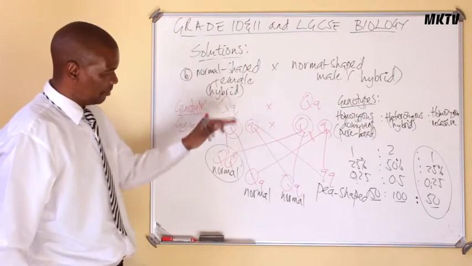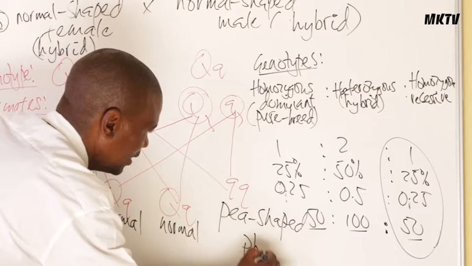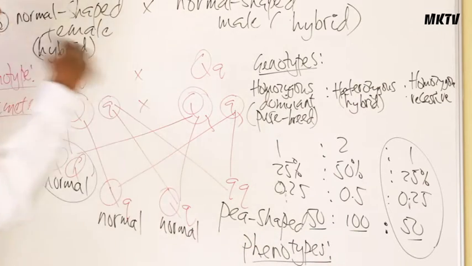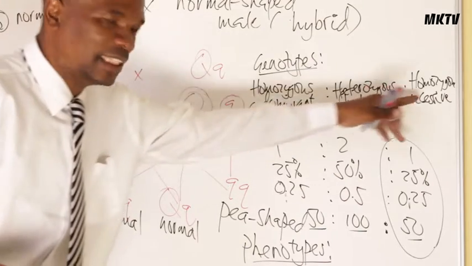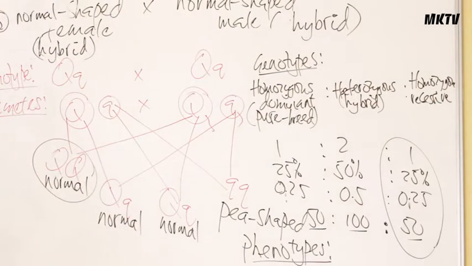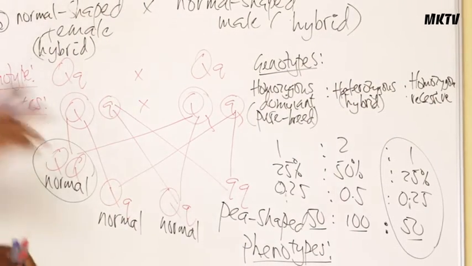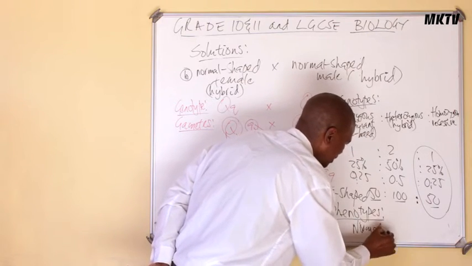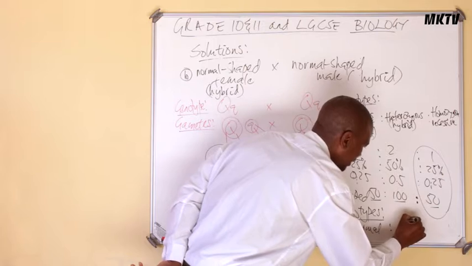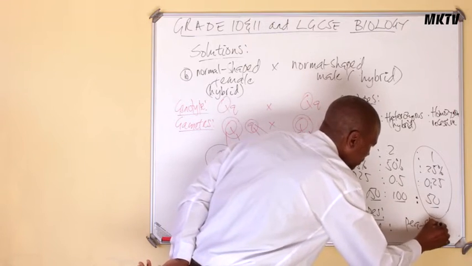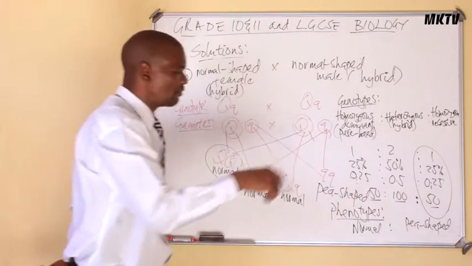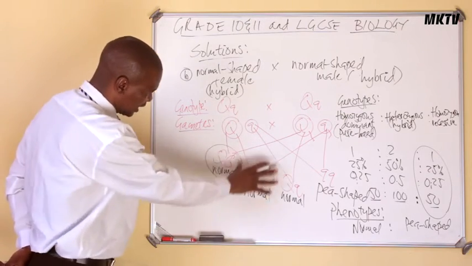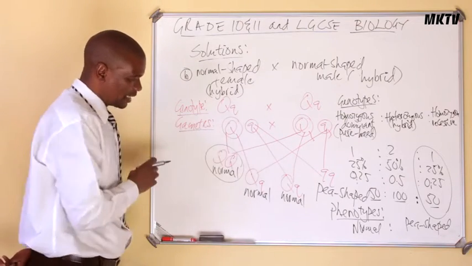How about phenotype? Phenotypically, there are only two phenotypes. Remember, genotypically there might be 1, 2, 3, but phenotypically there will always be two. What we mean is it's either a normal one, or it's P-shaped. Those are the only two phenotypes that we shall observe. Let's extract the numbers that we see here.